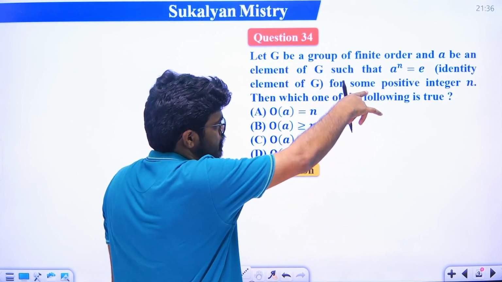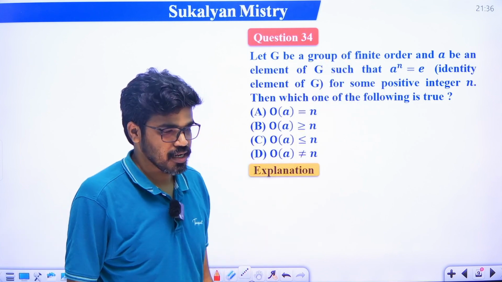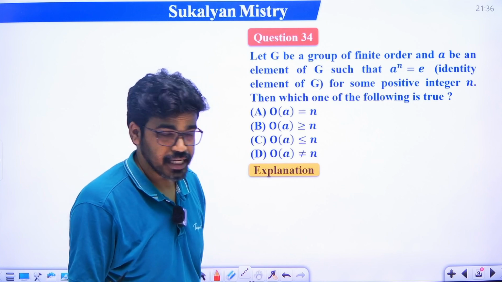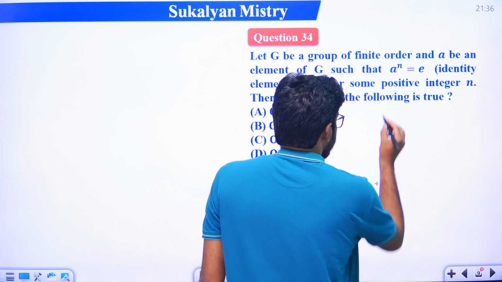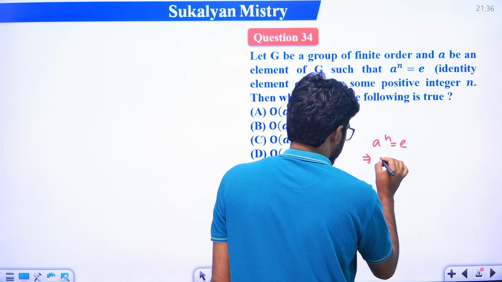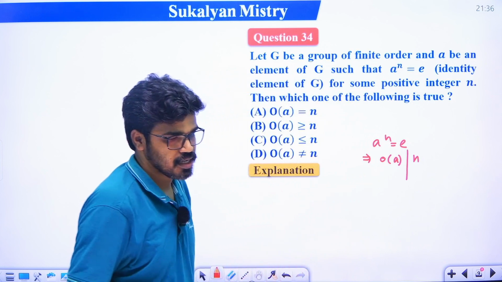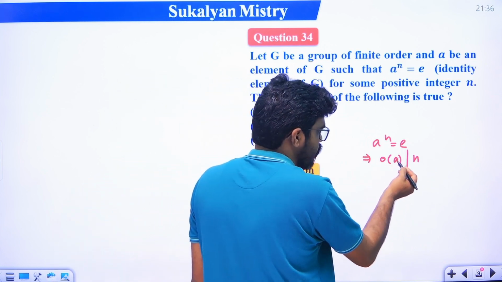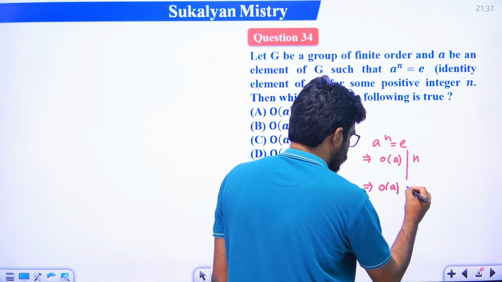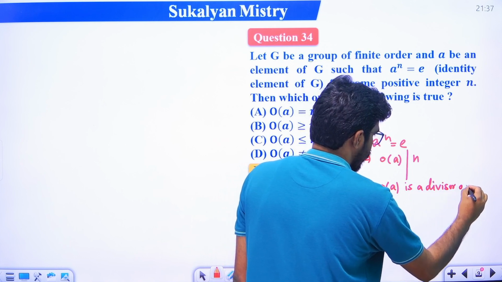a to the power n is equal to e, that means order of a divides n, right? Just see, a to the power n is equal to e, that means order of a is a divisor of n.